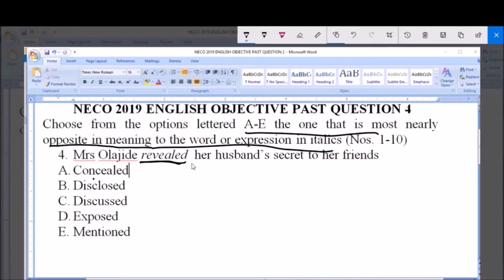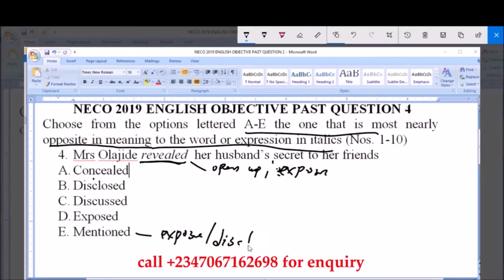Now, revealed means to open up or expose. Mentioned means expose, disclosed.